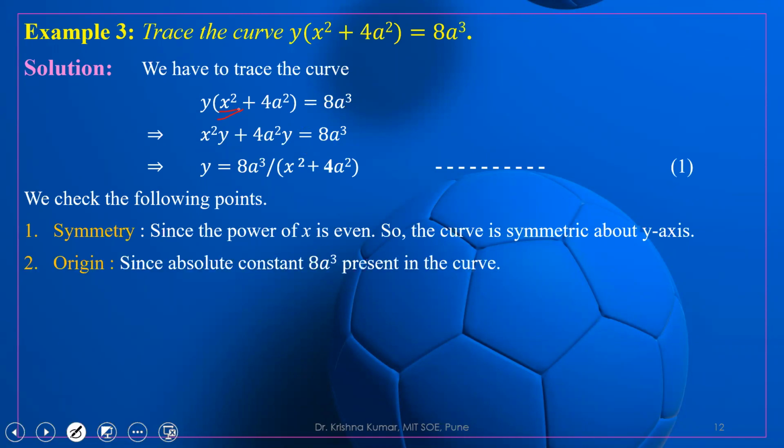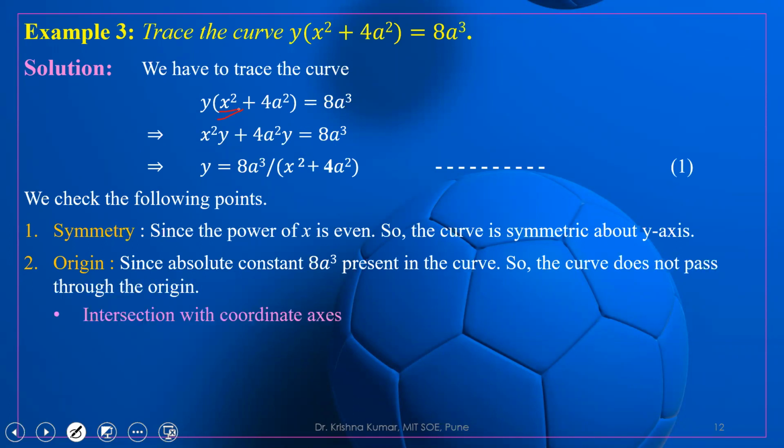Since the absolute constant 8a cube is present in the curve, the curve does not pass through origin. So no need to find the tangent because the curve does not pass through origin. So intersection with coordinate axis: put y equal to 0 in 1, we get x equal to infinity.